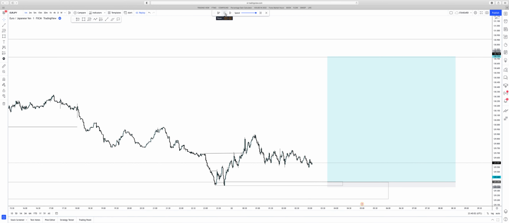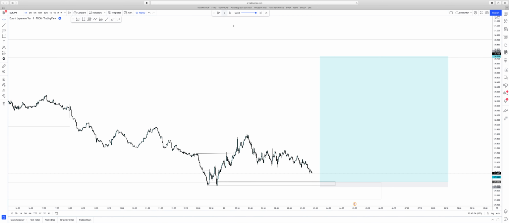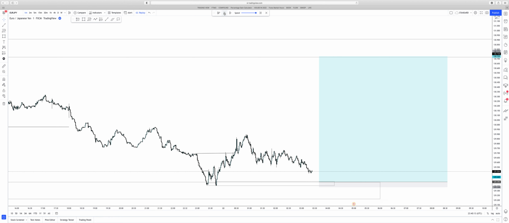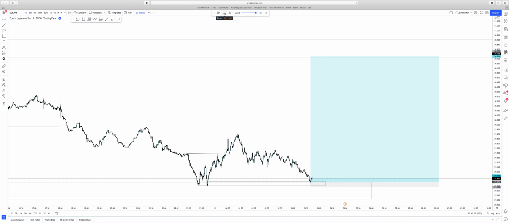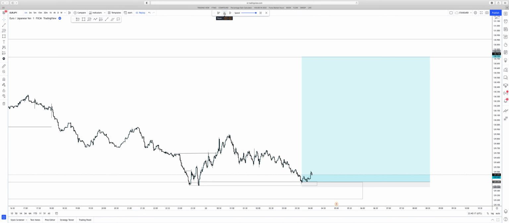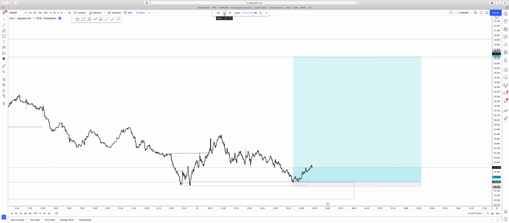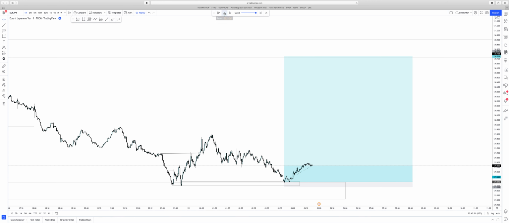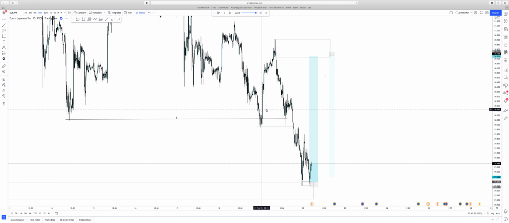So as you can see, we're creating somewhat equal lows here. Then we have inducement, but before this, then we tap in and off we go. I'm gonna skip a time frame because we'll be here all week.